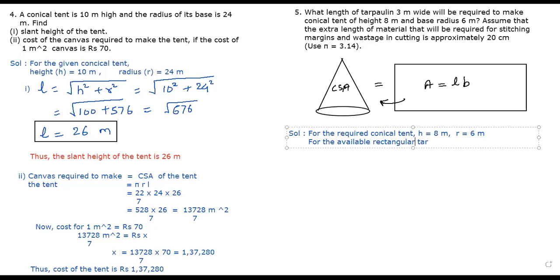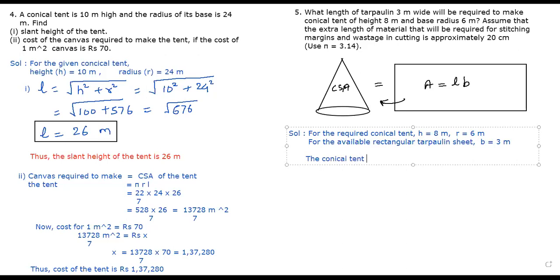Yes or no, children? Any sheet is always rectangular, sir. Rectangular tarpaulin sheet, the breadth given to us is 3 meters. Yes or no? Yes.